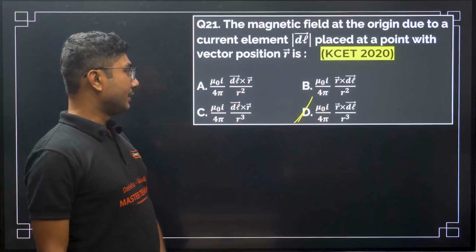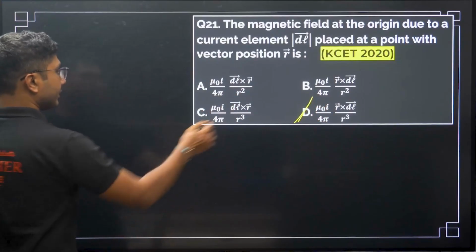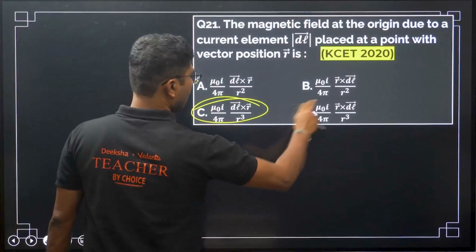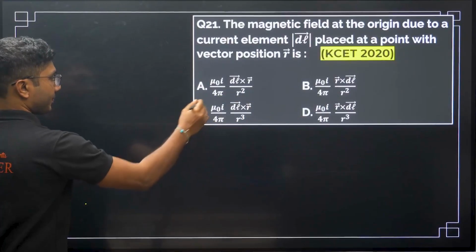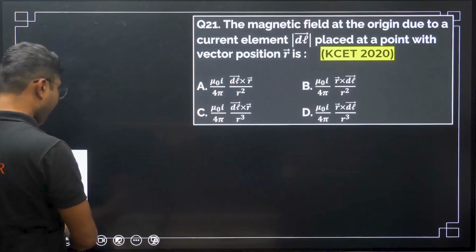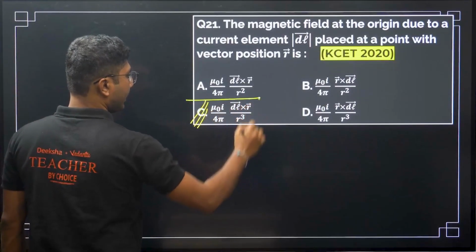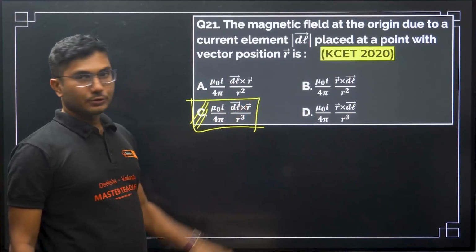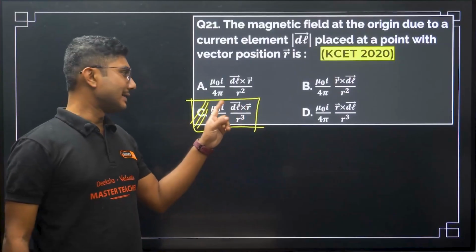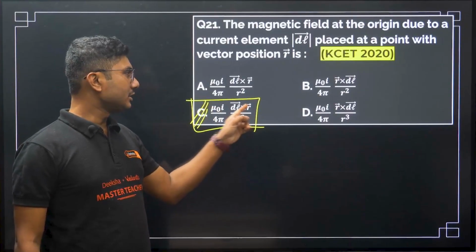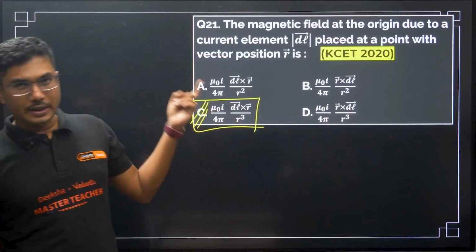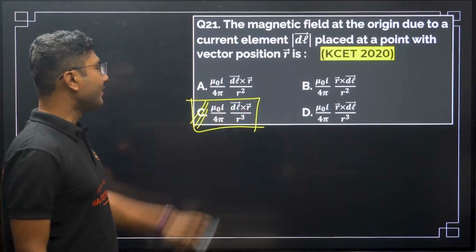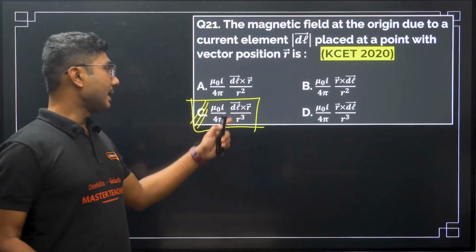So sorry, this is the correct answer, dl cross r, not r cross dl, sorry. You have to remember that one of the r will be cancelled, so that magnitude wise it is still r square, but because you have written r vector in the numerator, you have to adjust the denominator and add r cube. If you had written this in terms of r cap, then this would have been square.